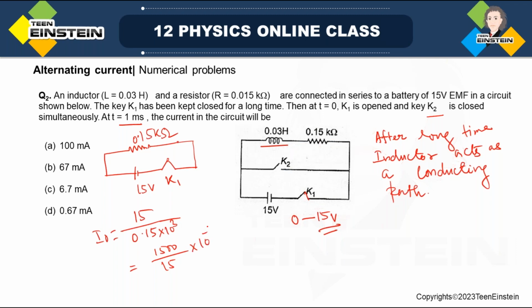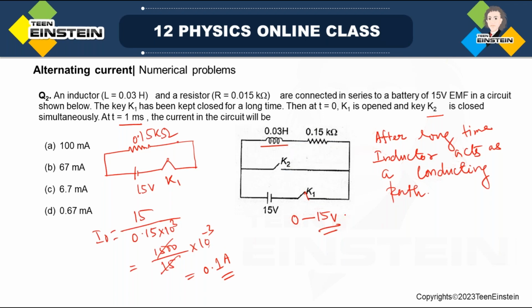This I can write as 10 to the power minus 3 so that I get milliampere. I'm sorry, this is 0.1 actually, 1 over 10, so 0.1 ampere. So this is the current initially.